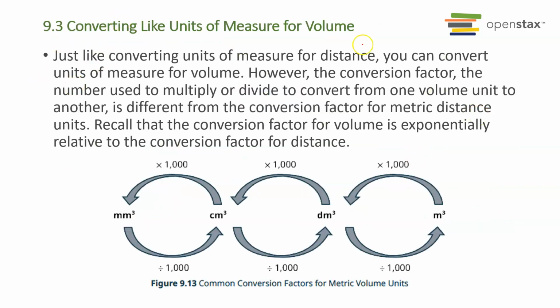So what about converting between these different volumes? You can see, like we showed on that table, that this time it's a factor of 1,000 for volume. And the reason for that is visual.